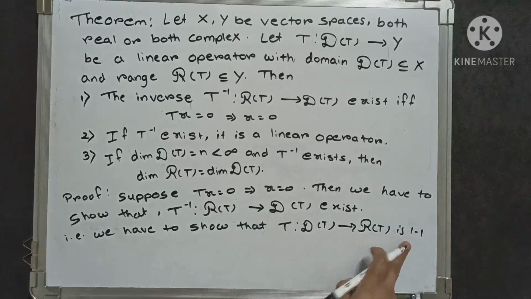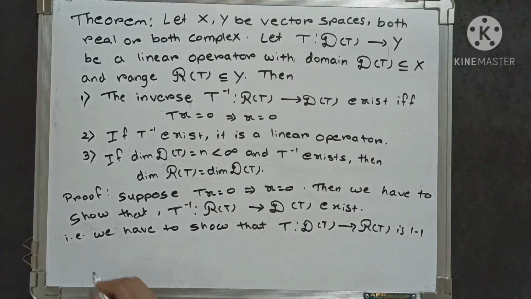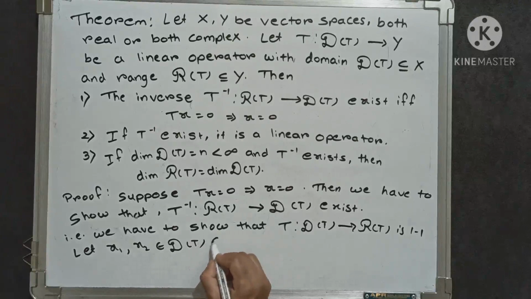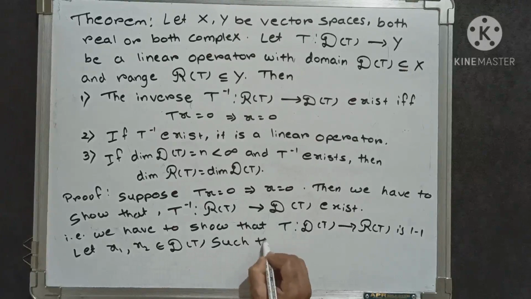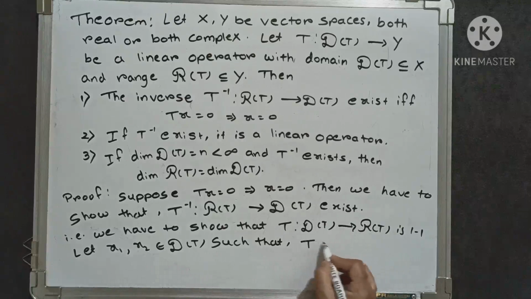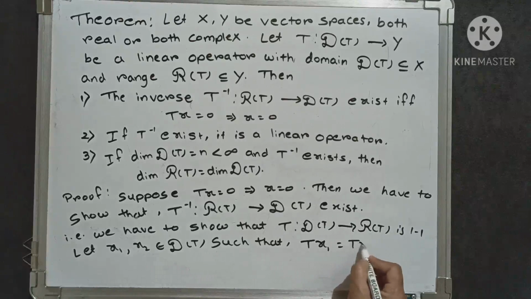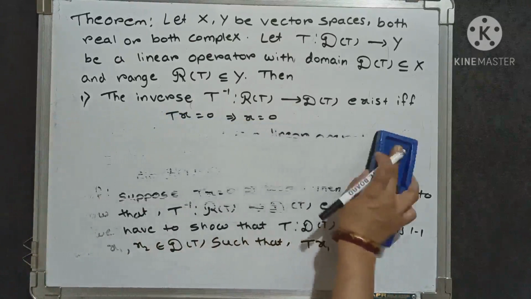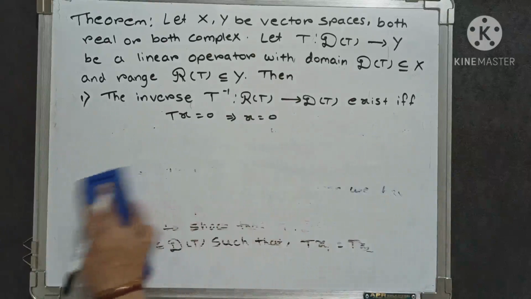To prove that the mapping is one-one, we show that if the images are equal, then points are equal. So we start with any two points of the domain. Let x1, x2 belong to the domain script D of T such that their images are equal, that means such that Tx1 equals Tx2. Now we prove this statement.